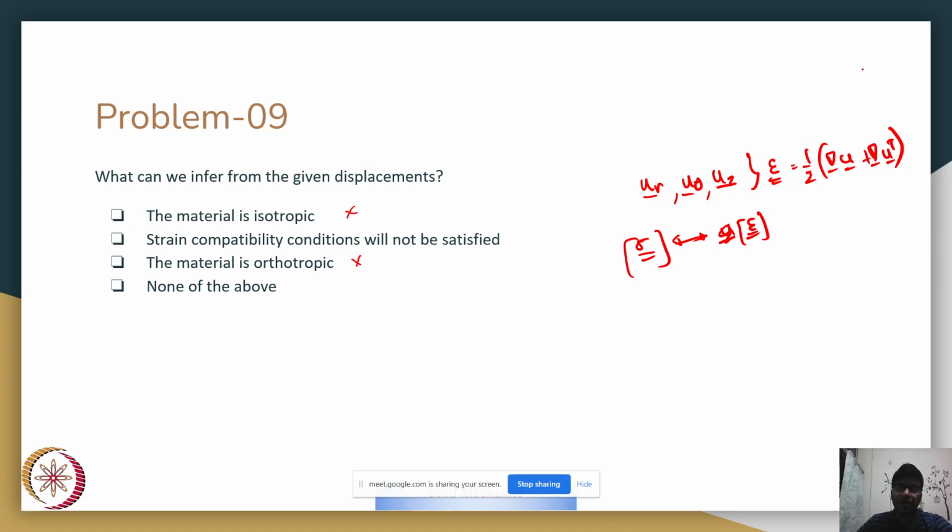So if we are given any displacement field, we do not need to worry about the strain compatibility conditions, right? We have discussed this, I think, in week 5.